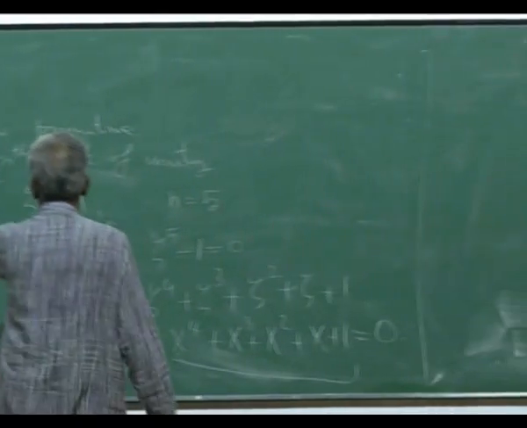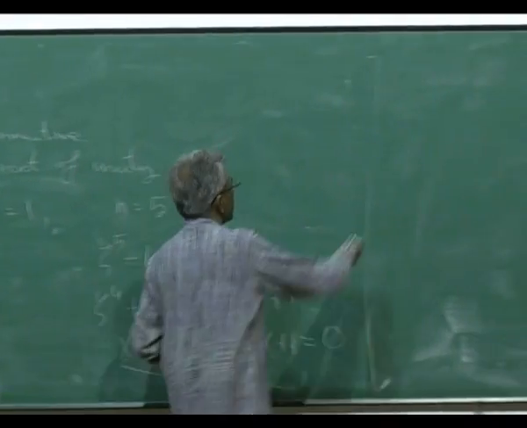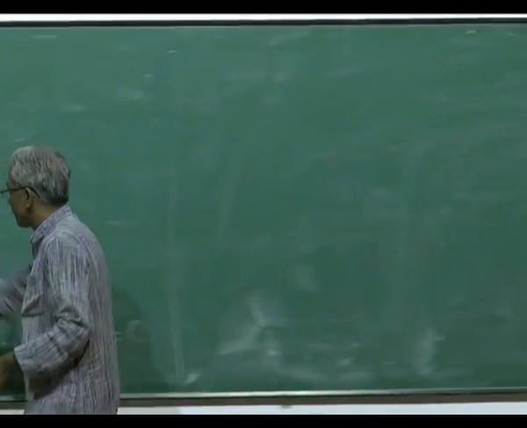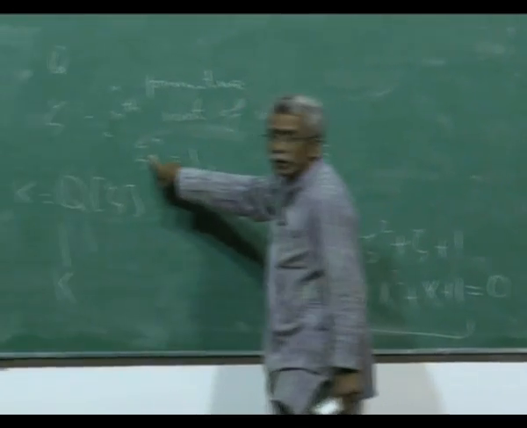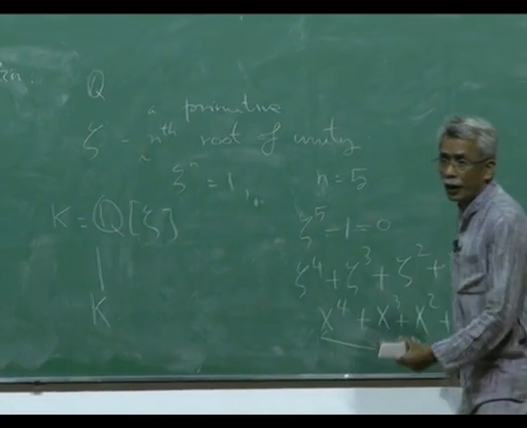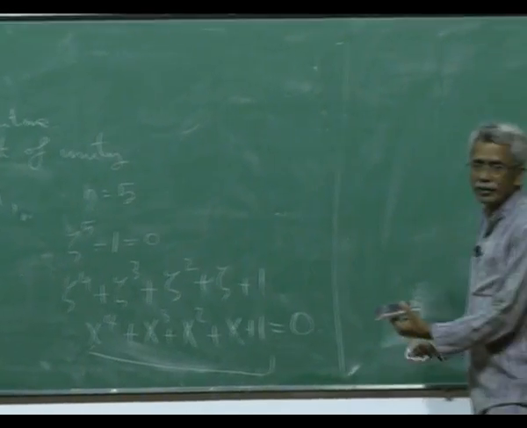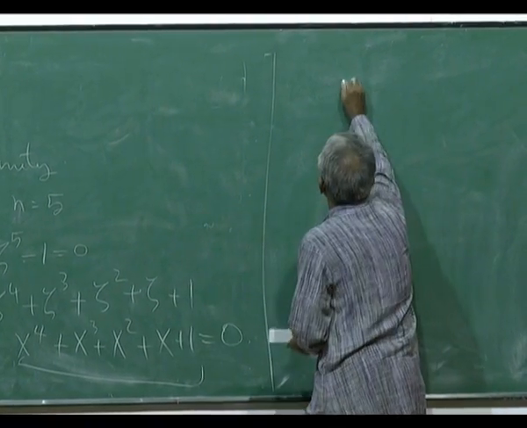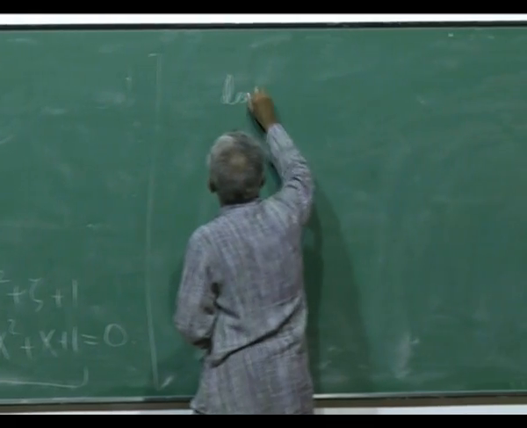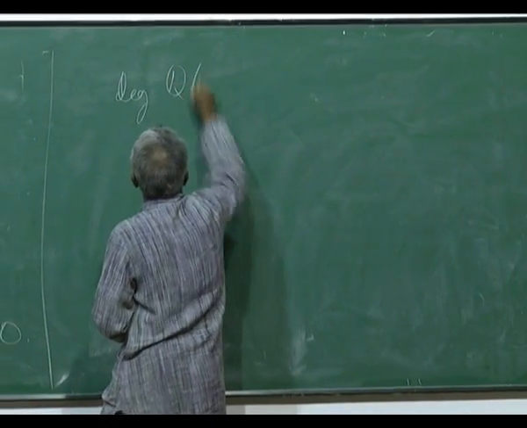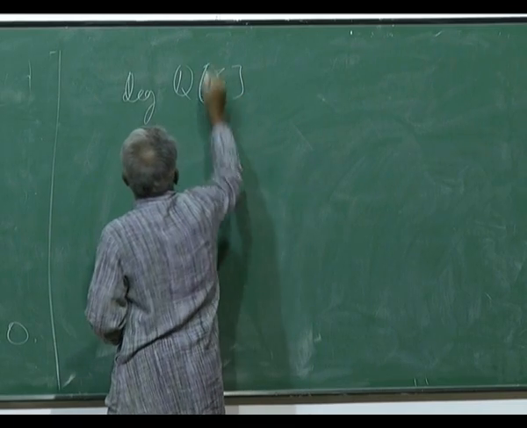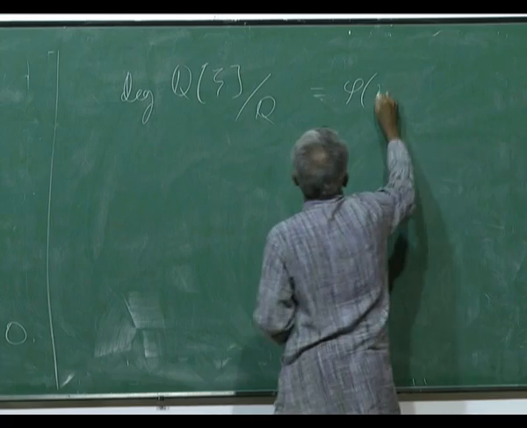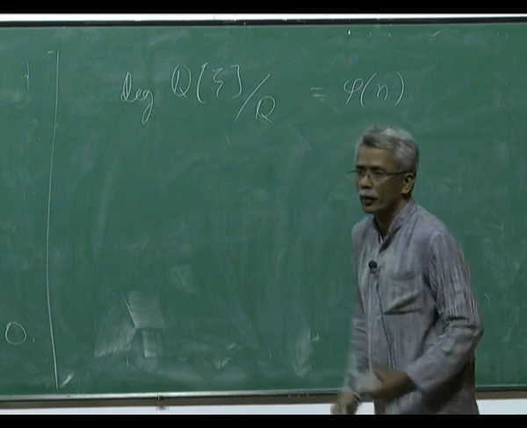Another way of checking this is to see that the degree of this extension is the degree of the minimal polynomial that zeta satisfies. The general case is not too much more complicated, but let me just say it: the degree of Q zeta over Q is equal to the Euler phi function phi of n.